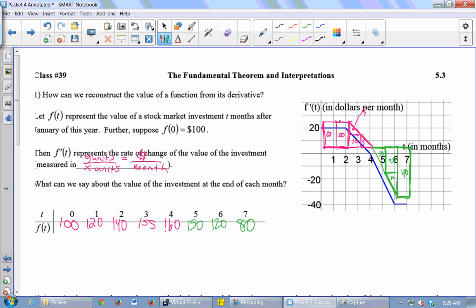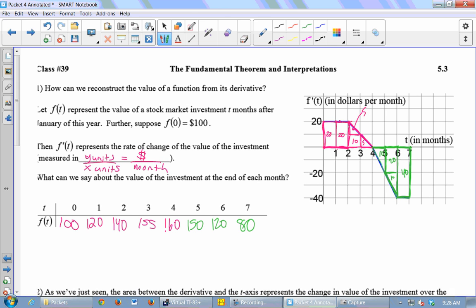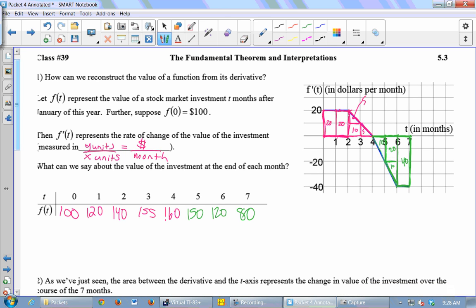So if we go back to this original investment example that I did, when I was calculating these amounts of change, let's say, for example, this last rectangle here, that 40, I calculated its units by taking my 1 month times negative $40 per month.